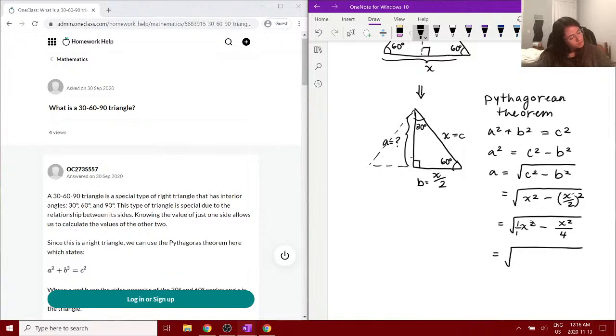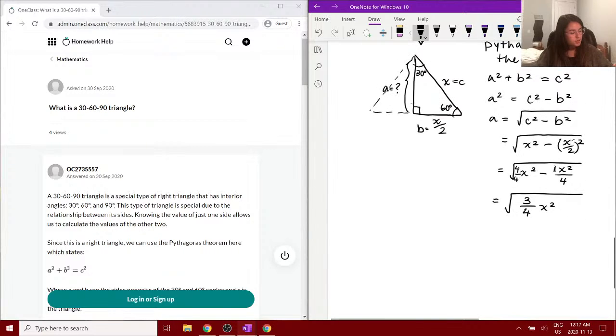If we want to add the fraction, we can multiply it by 4, so it's 4 over 4. Sorry, that might not be clear. Okay, and then 4 minus the 1 from here, we have 3 over 4 x squared. If you're unsure, you can go through that 1 minus 1/4 again. But yeah, you will get this.